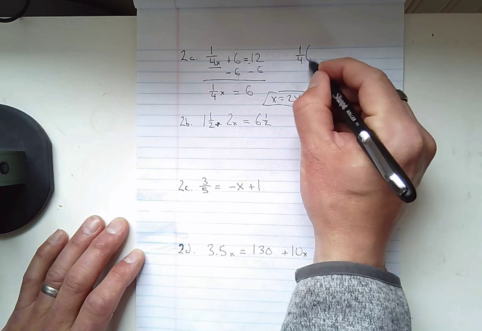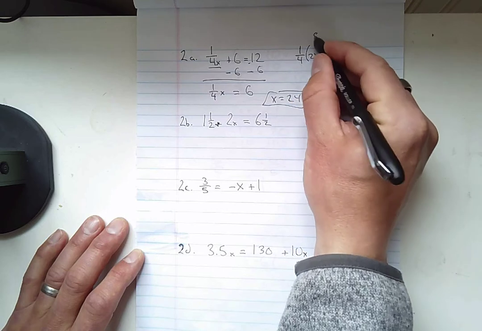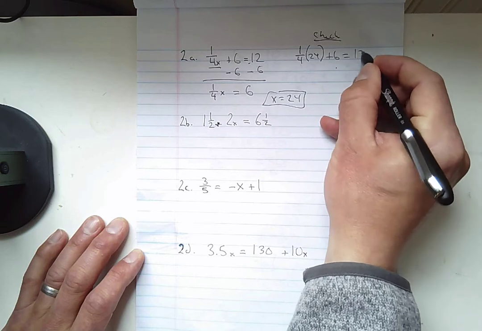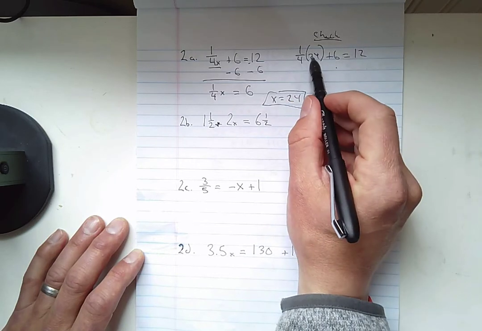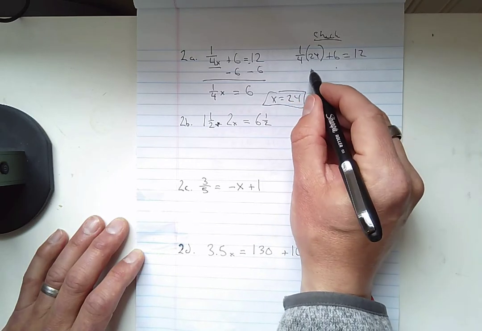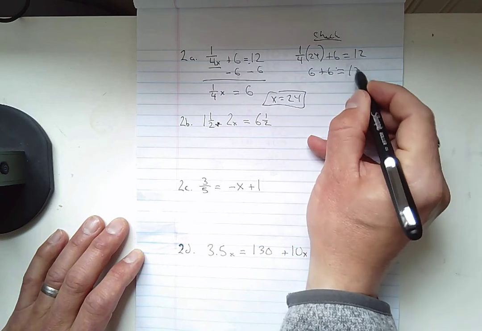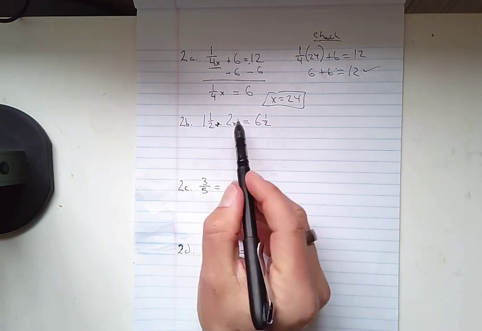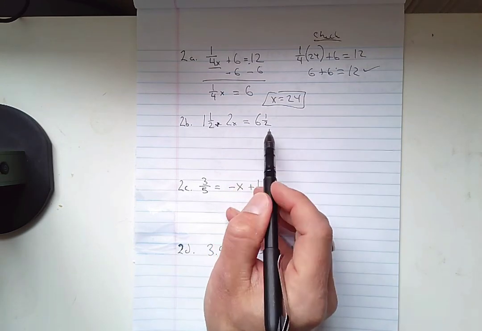So 1/4 times 24, this is our check, plus 6 equals 12. And so 24 divided by 4 is 6, plus 6 equals 12. And there's our check.